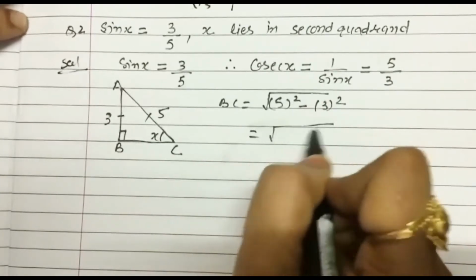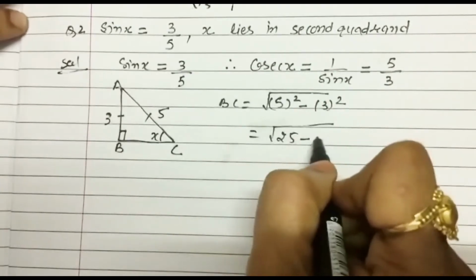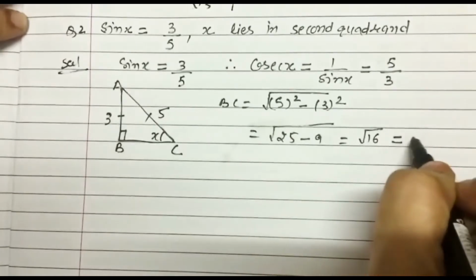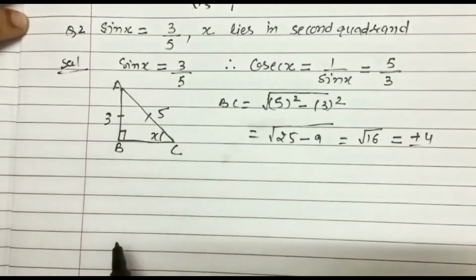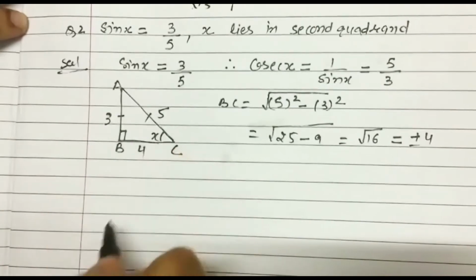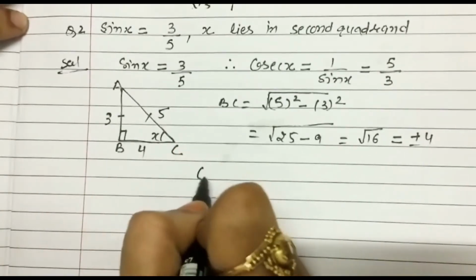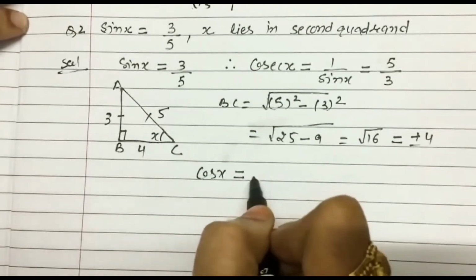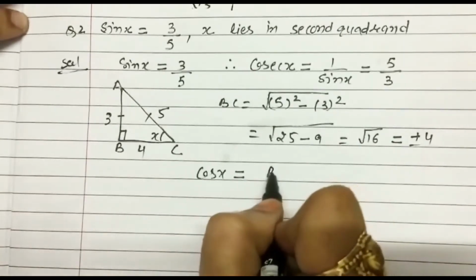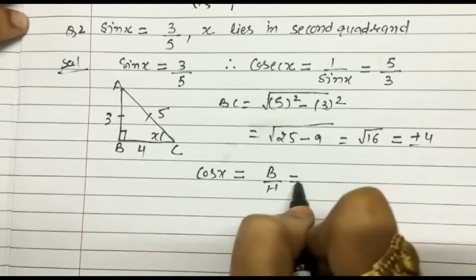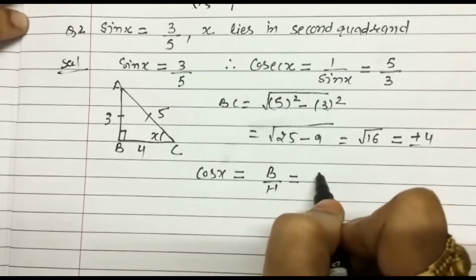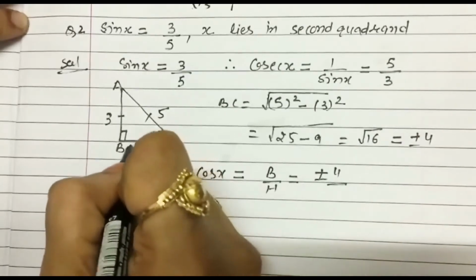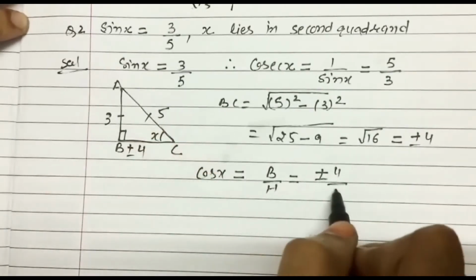You will get 25 minus 9, it's 16. So here plus minus 4. Now find cos x. Cos x is base by hypotenuse. So the base is plus minus 4 and the hypotenuse is 5.